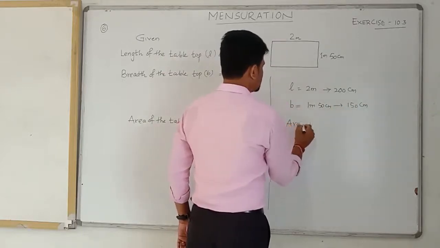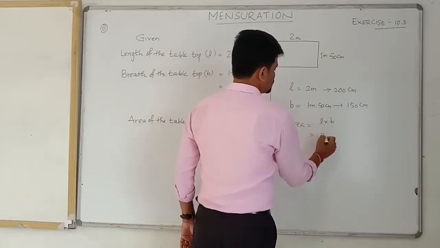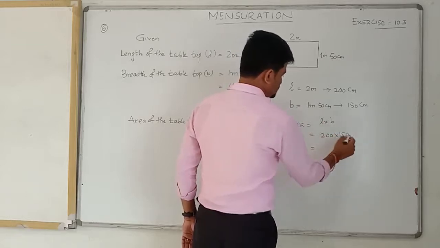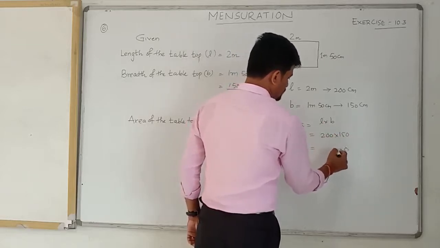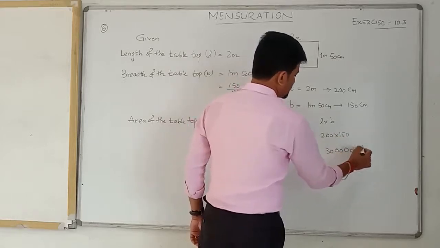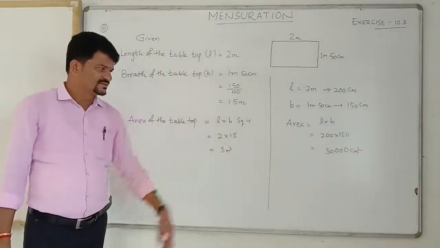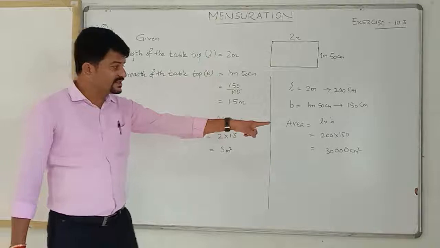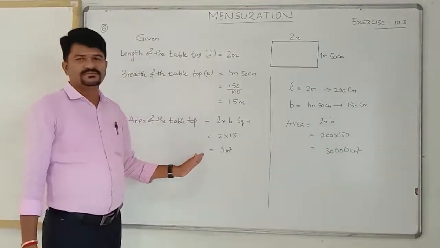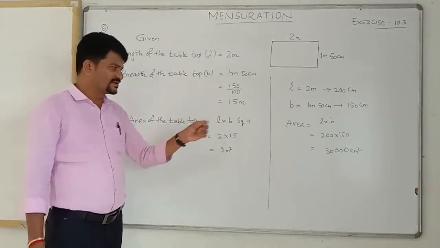Now area is equal to L into B, that implies 200 into 150, that implies 30,000. Okay, clear? This is the area in square centimeters, and this is the area in square meters. Okay, children?